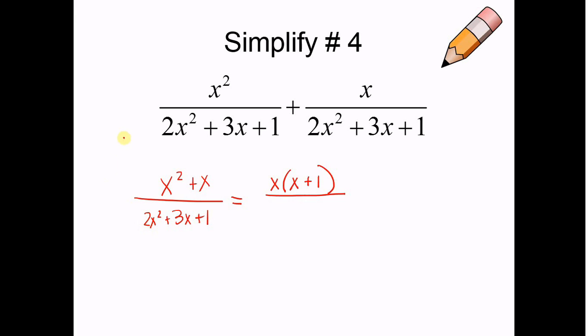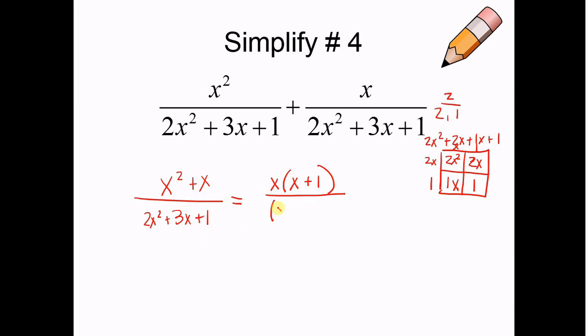So I got an AC, right off to the side here, AC of 2. It's 2 and 1, right? So I'm going to have 2x squared plus 2x plus 1x plus 1. Let's get a box going on here. 2x squared, 2x, 1x, and a 1. 2x going this way, x going that way, 1 and a 1.